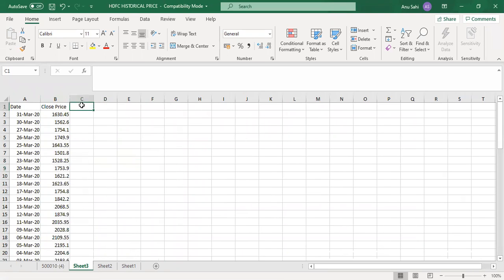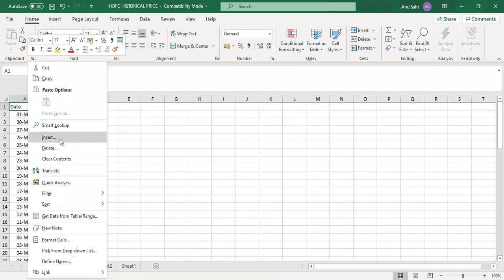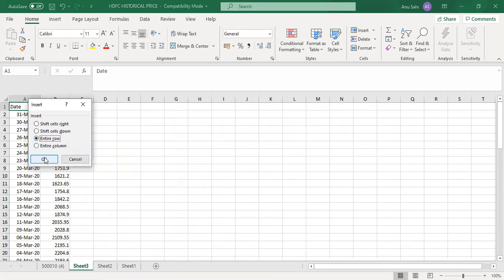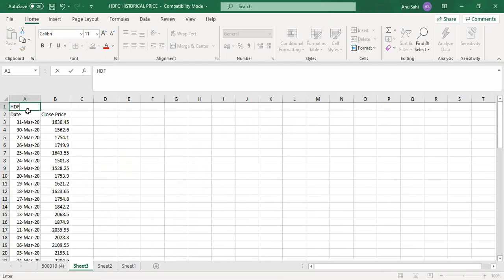So let us calculate the return of HDFC, because I have taken the data of HDFC as I discussed in my earlier video on how to download the data. First I am going to calculate return in rupees, right?